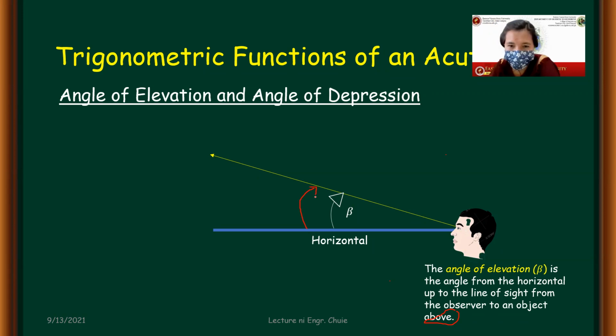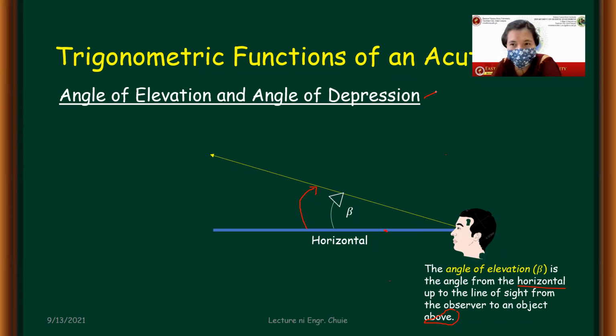So that is the angle of elevation. From the definition you can see on the illustration, it is the angle from the horizontal. Our initial point is the horizontal, and our terminal point is the object you are looking at, the line of sight.